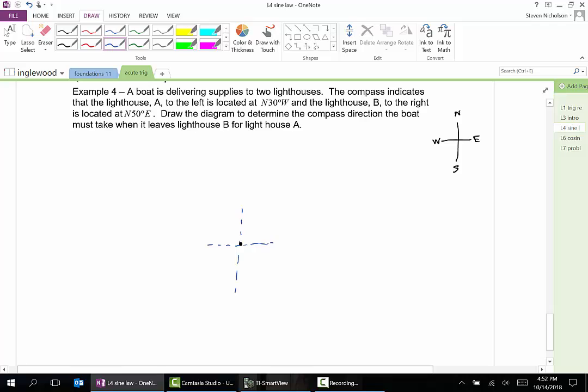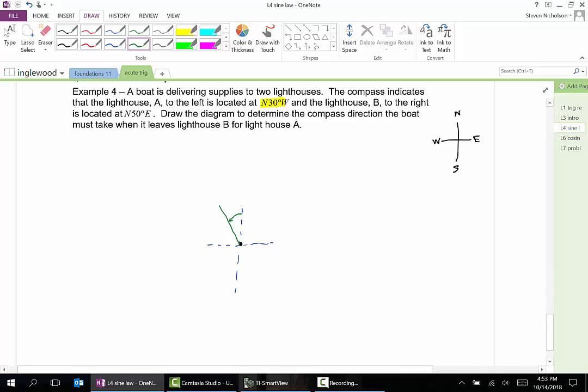And again, as I say, the first letter tells you which way. So this is north. The second one tells you how many degrees you're going to rotate, and the third letter tells you which way you're going to go. So in this example right here, I'm going to be pointing north, and then I'm going to go 30 degrees west, and that is the path in which the lighthouse is.